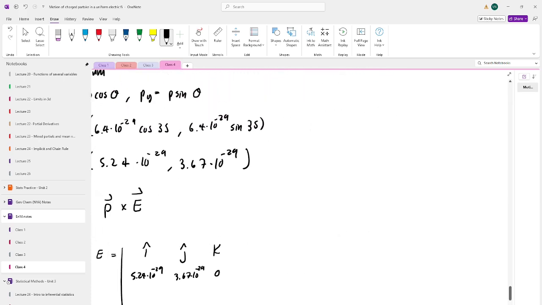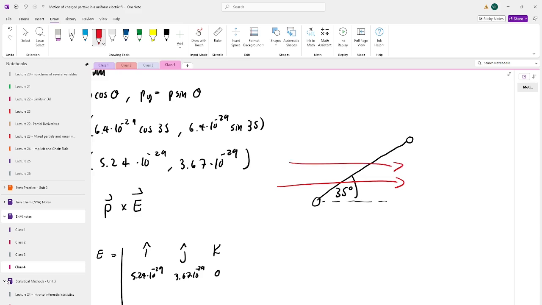So imagine I had the dipole like that. That 35 degrees that we've been talking about would look like that, from the horizontal. So let's say my E field is going like that, and that this side is negative. The forces that we'd be feeling were like that, and then like that. Of course, we don't really care about the forces, but those would be the forces.